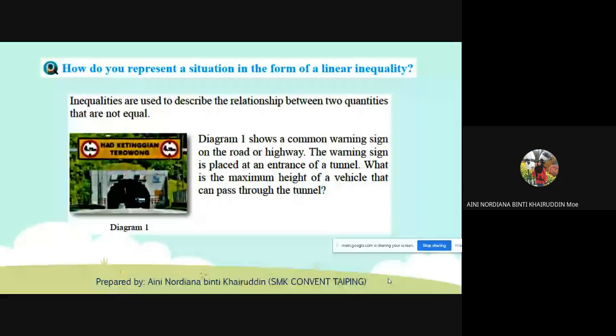Okay, inequalities are used to describe the relationship between two quantities that are not equal. Diagram 1 shows a common warning sign on the road or highway. The warning sign is placed at an entrance of a tunnel.